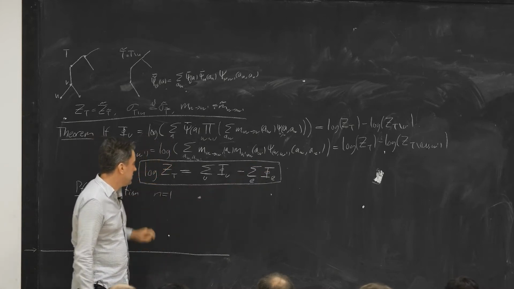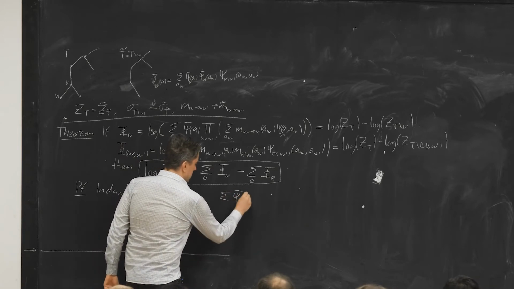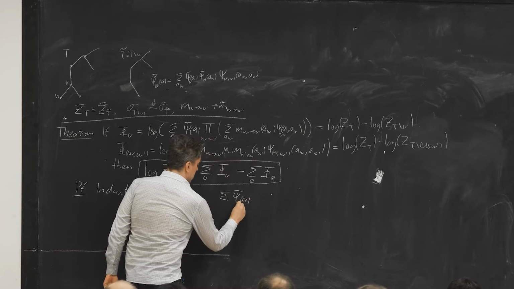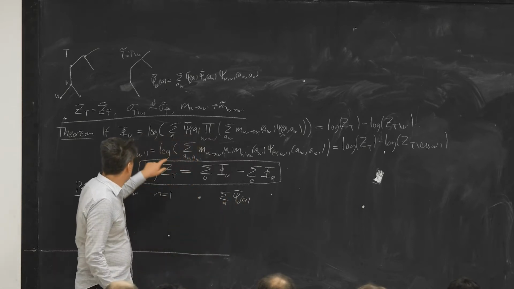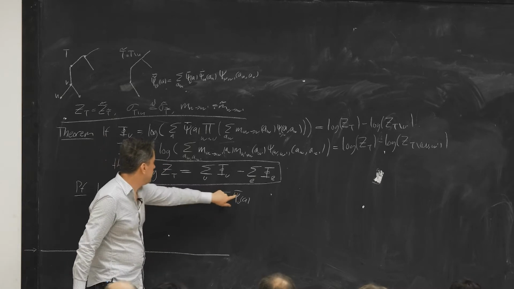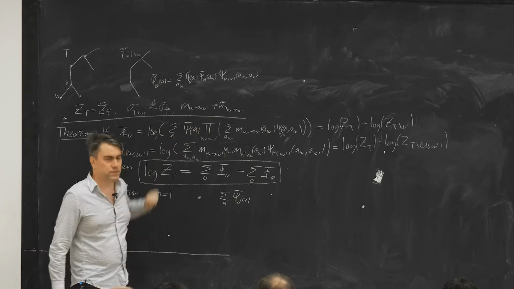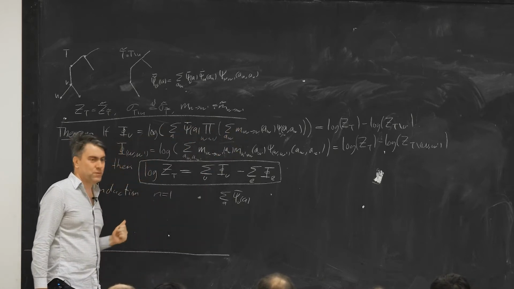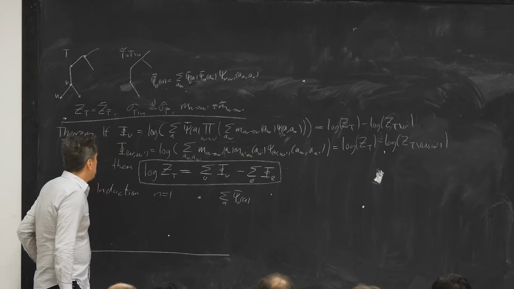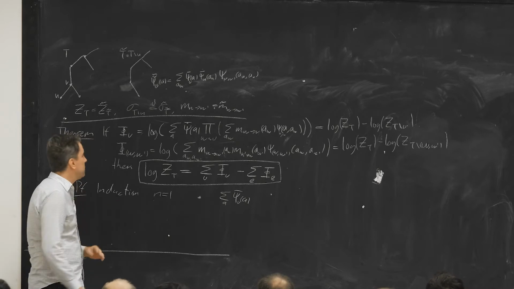The partition function is just the sum of psi bar of a at the vertex. And so log of this is also phi of v in this formula, because there's no product here. Okay, so n equals 1 is easy. And now we'll assume it up to n minus 1.